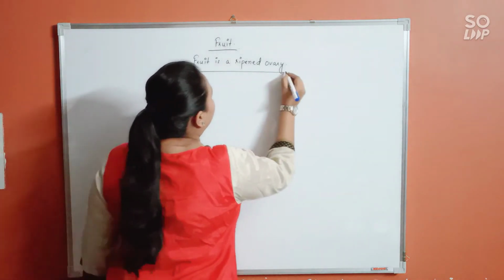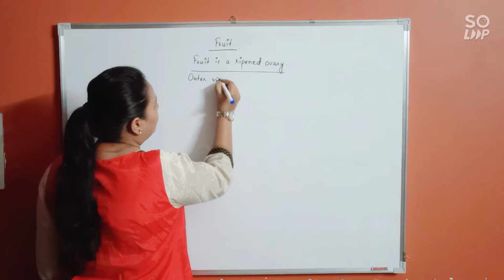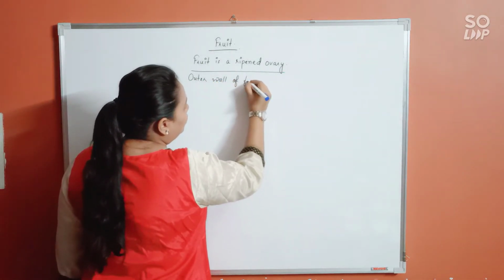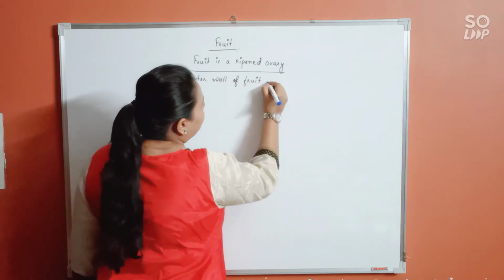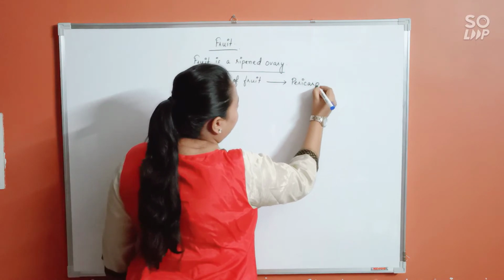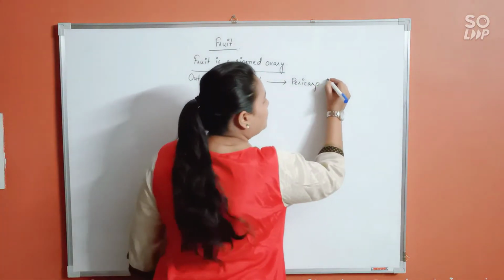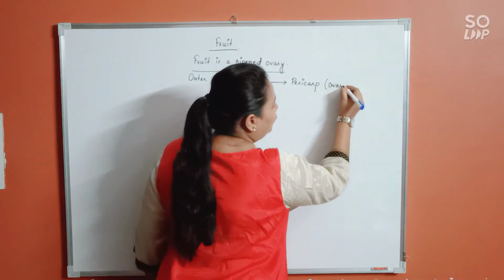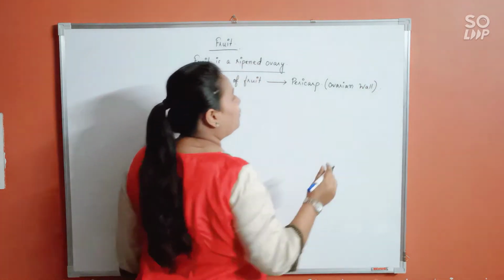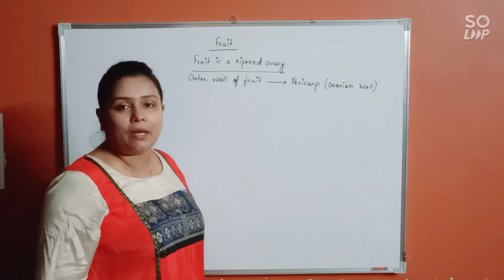Now, the outer wall of the fruit is called pericarp, isn't it? And it develops from the ovarian wall. The ovarian wall itself modifies into the outermost layer of the fruit, that is pericarp.